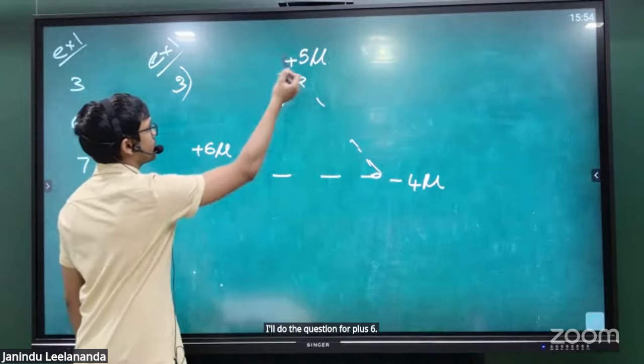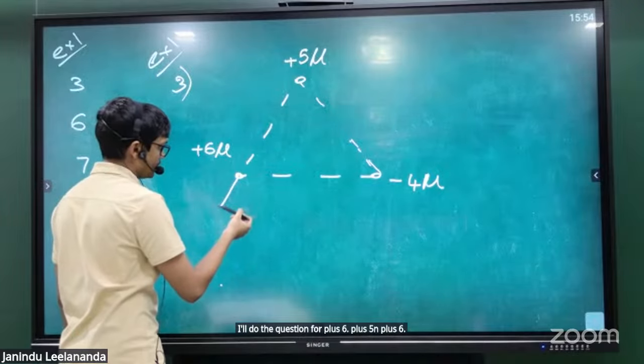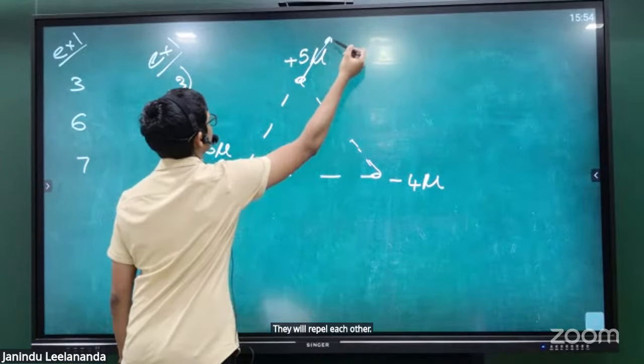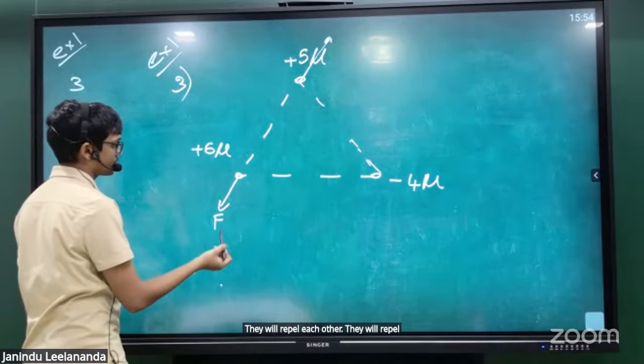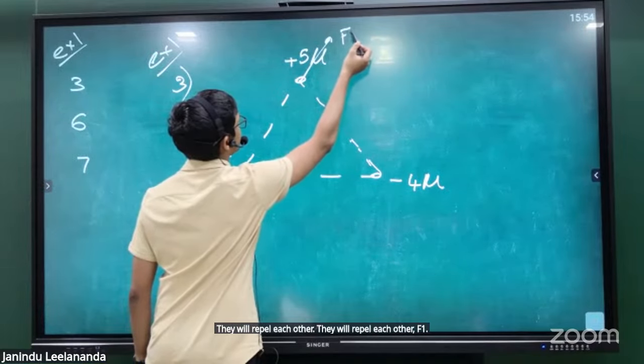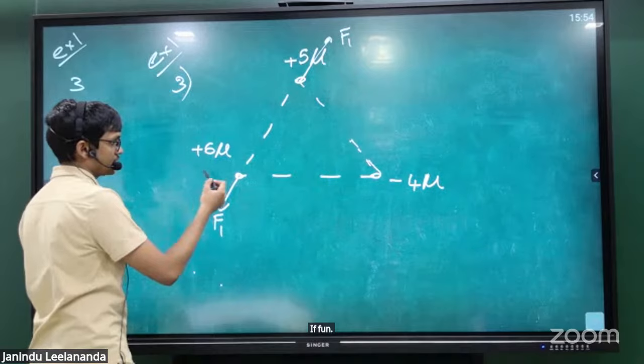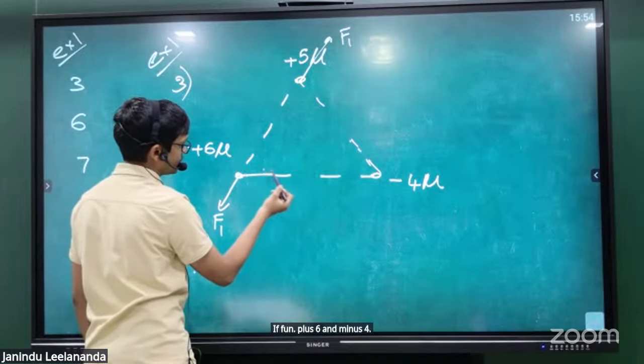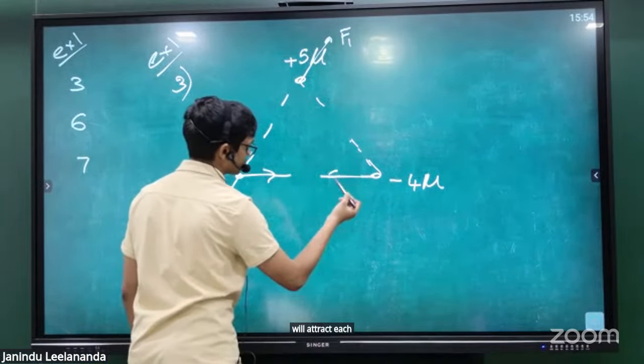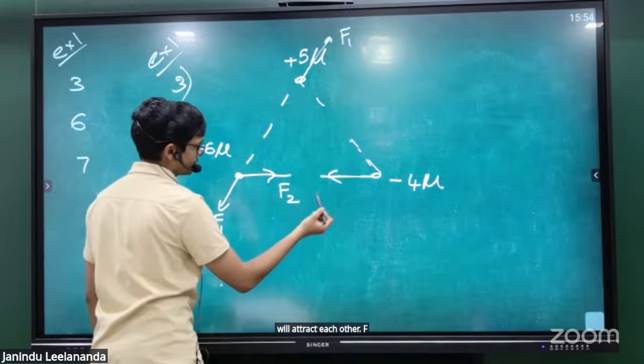Plus 5 and plus 6 will repel each other, F1. Plus 6 and minus 4 will attract each other, F2.